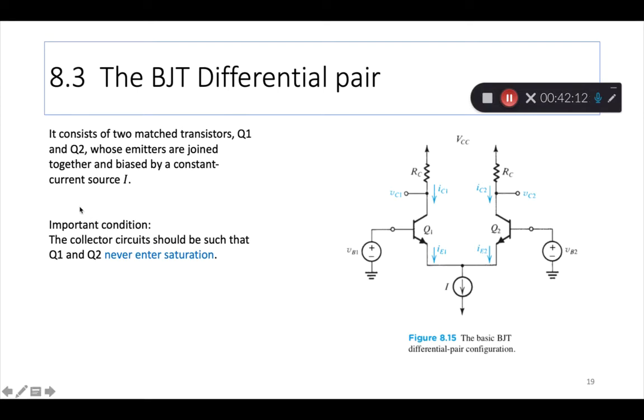So the corresponding condition is that the two collector currents should not allow Q1 and Q2 to enter saturation. So these devices need to be primarily operating in the active mode, and they may be in cutoff occasionally, but between active and cutoff, but not saturation.